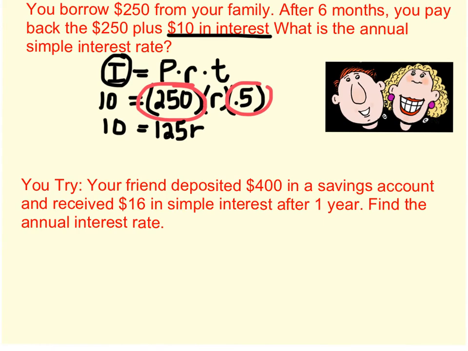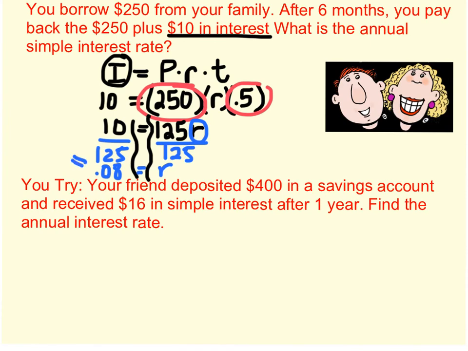So we have 125 times what is equal to 10. So it's kind of like a missing factor problem. We want to solve for the rate, which means we're going to divide by 125 on both sides. This gives us a rate of 0.08. But we know that rates have to be written as a percent, and that's just a decimal. So to write a decimal as a percent, we multiply by 100 or move that decimal point over 2 places. So our final answer is 8%.